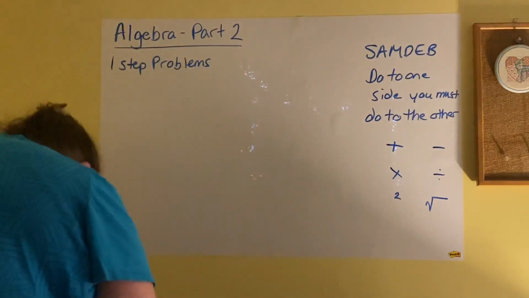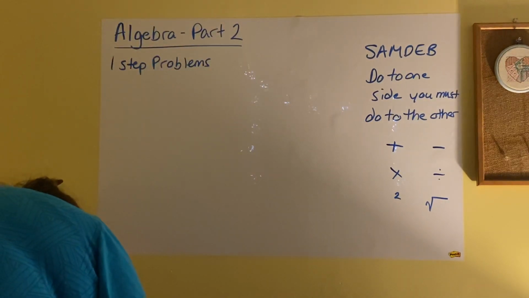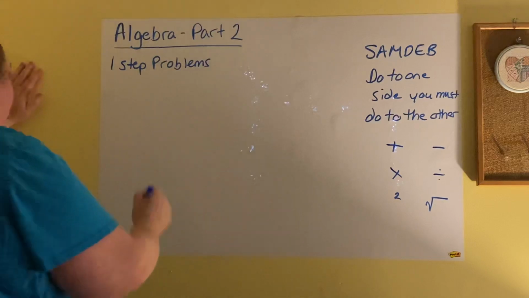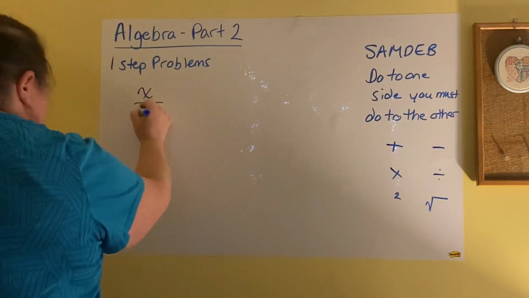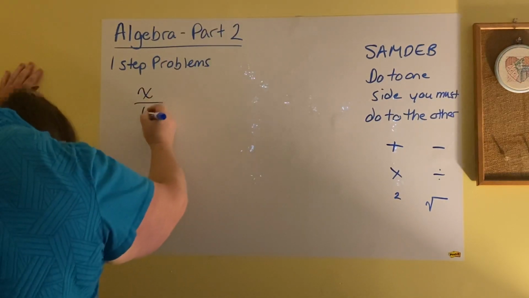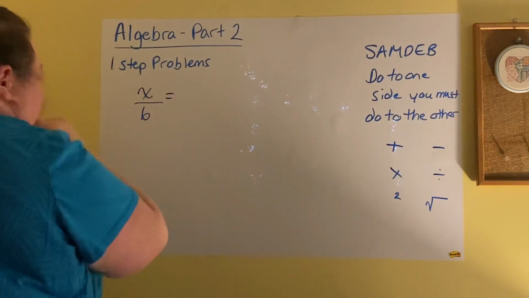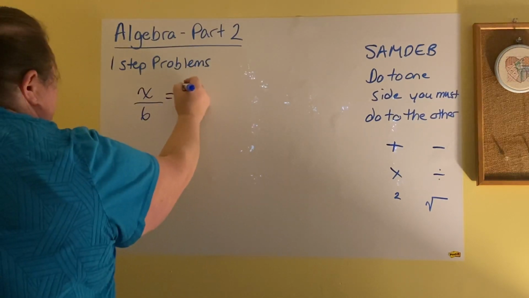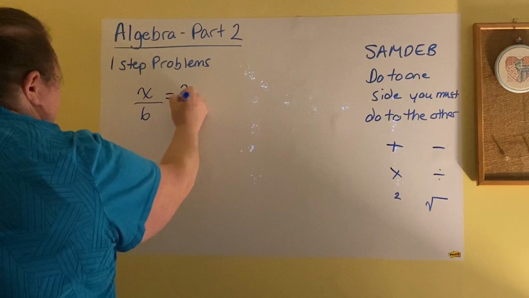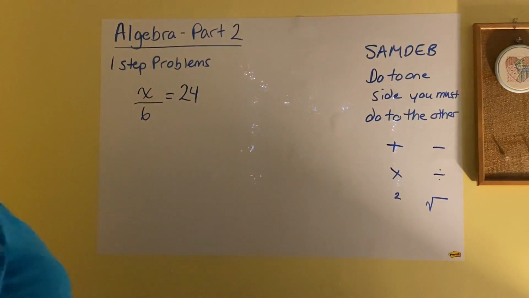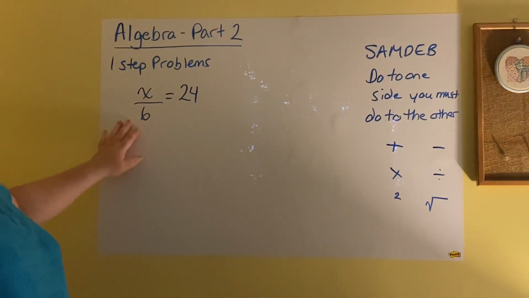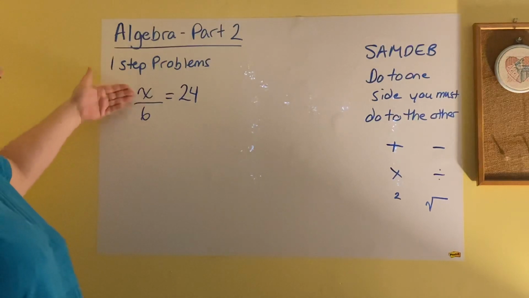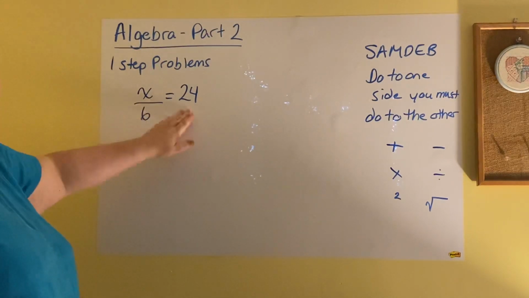And we're going to look at some that involve multiplying and dividing. So if I have x divided by 6 equals, let's see, 24. So if I have that, I'm saying x divided by 6 equals 24.